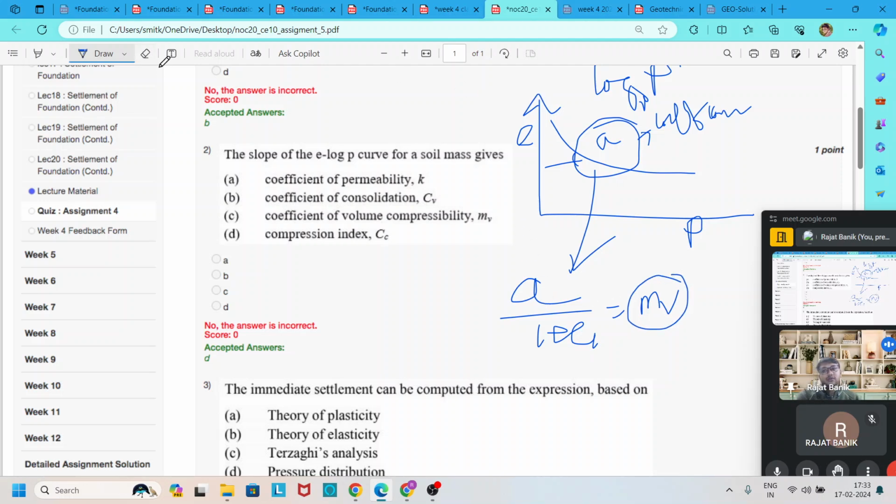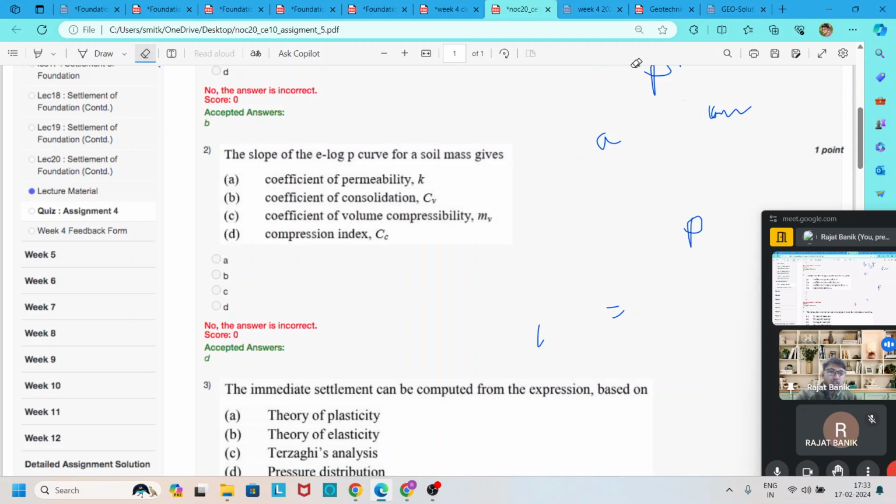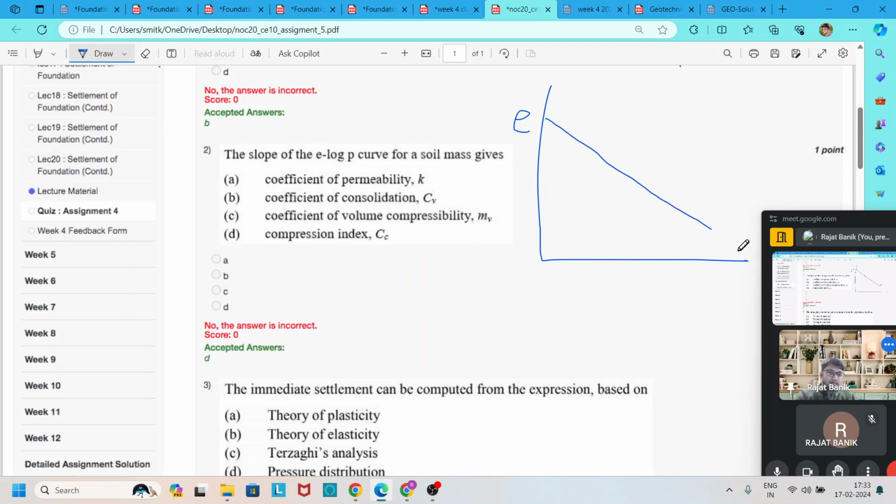But when we convert this curve to a semi-logarithmic scale, that is, we apply log to the pressure and keep the void ratio e as it is, the curve becomes a straight line. This slope is called Cc, the compression index.